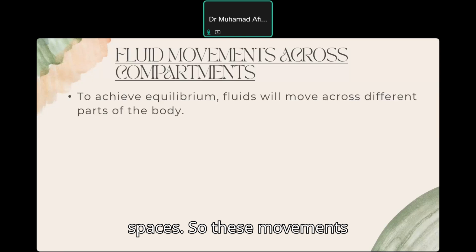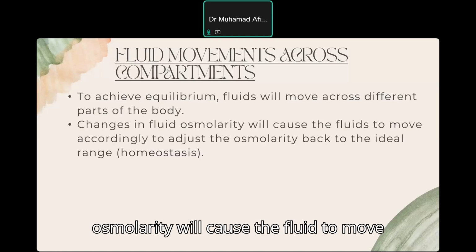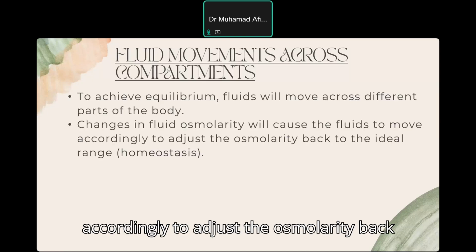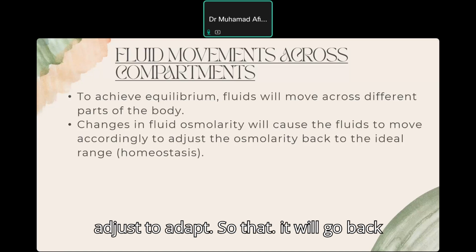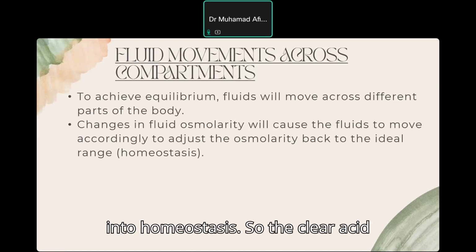These movements are important in developing equilibrium. Changes in fluid osmolarity will cause the fluid to move to adjust the osmolarity back to the ideal range. If we have changes in osmolarity in one compartment, the fluid will move accordingly to adapt, so that it goes back into homeostasis.